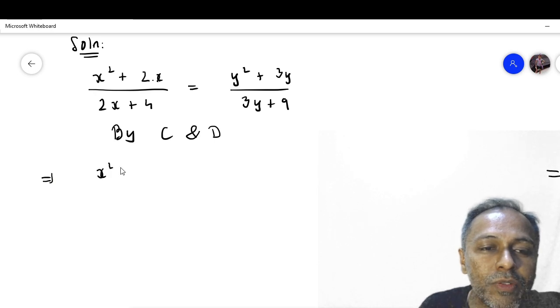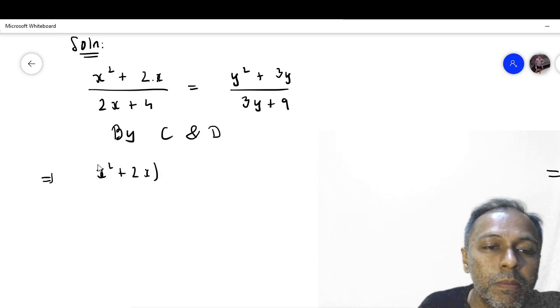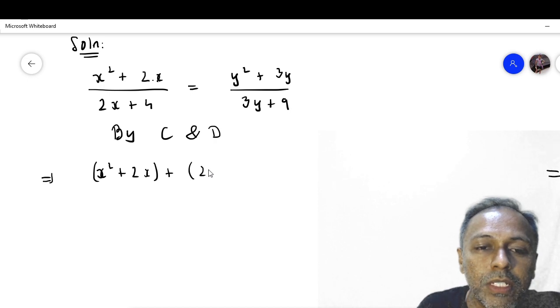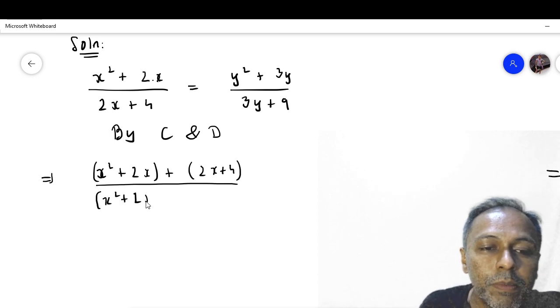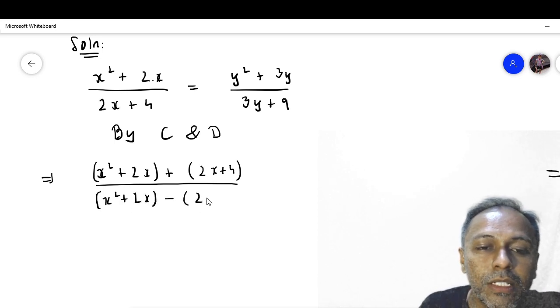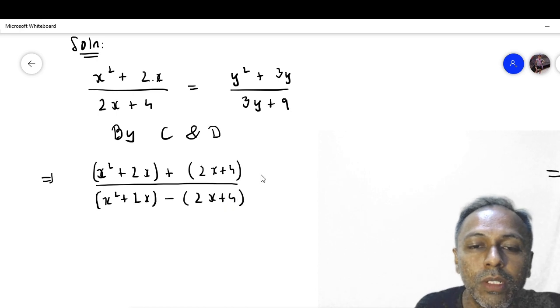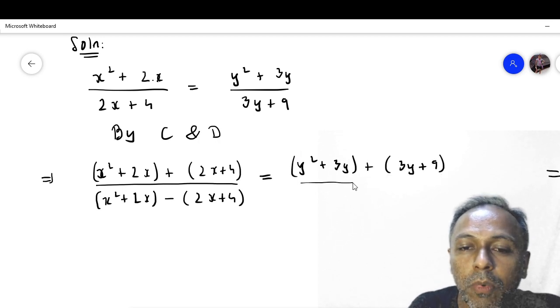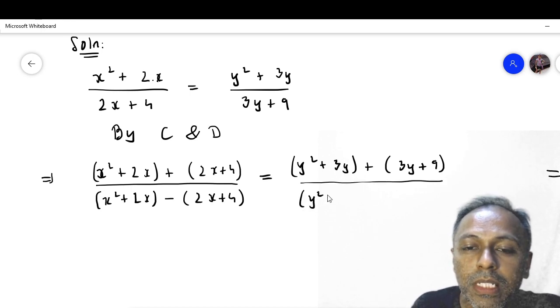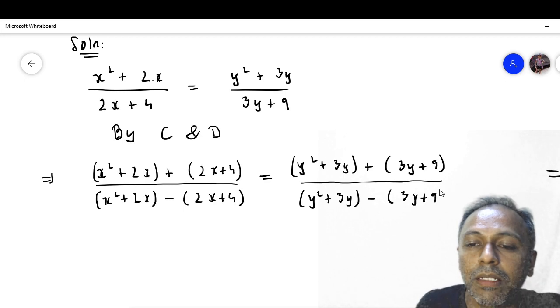This will imply (x square plus 2x plus 2x plus 4) upon, start with numerator term, (x square plus 2x minus (2x plus 4)) is equal to, repeat, (y square plus 3y plus 3y plus 9) upon (y square plus 3y minus (3y plus 9)).